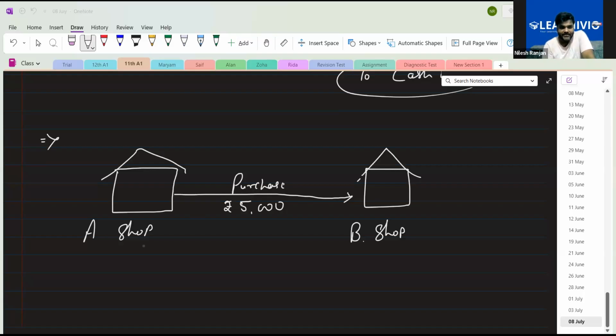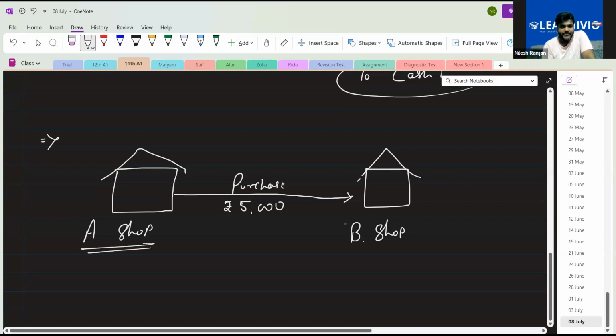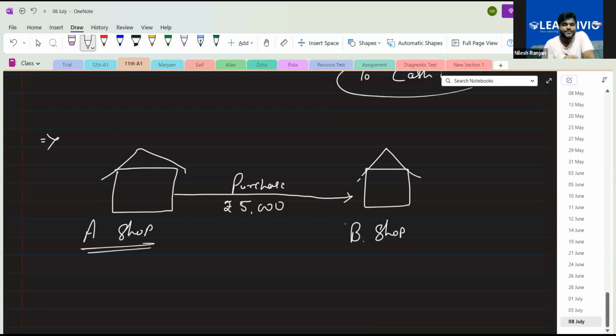A is purchasing from B. Both are shopkeepers here. So B is selling goods, so that's why B will issue the invoice. A is the buyer. So the buyer never issues the bill to the seller. The seller issues the bill to the buyer. Okay.